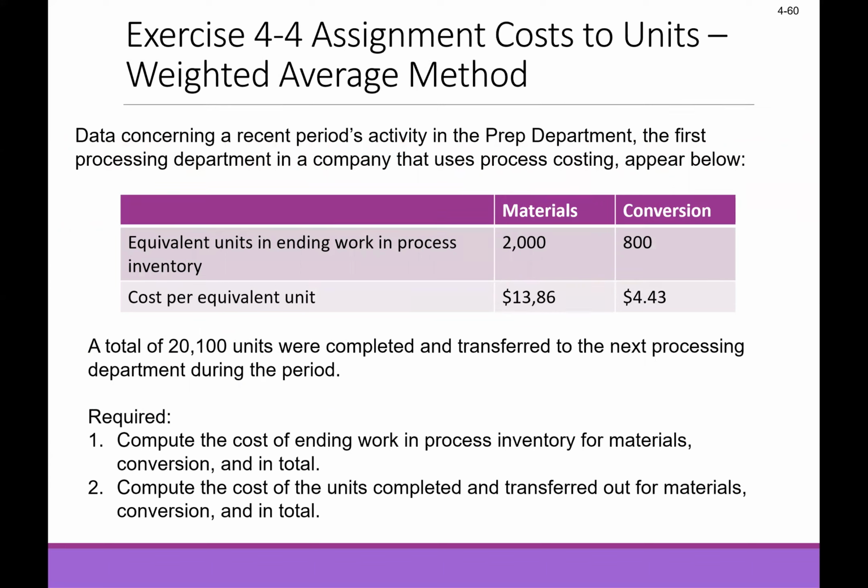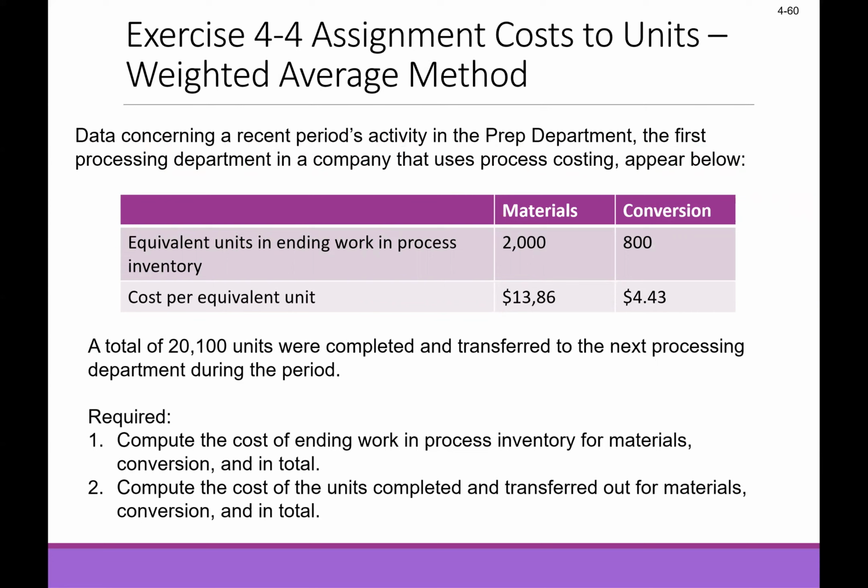Then it also says a total of 20,100 units were completed and transferred to the next processing department. So our job is to compute the cost of ending work in process for materials, conversion, and in total, and then the cost of the units that were completed and transferred out.